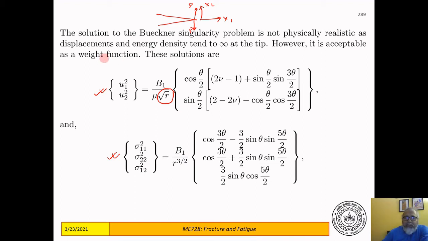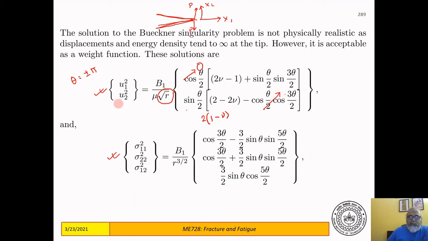Now, we are interested in the solution at theta equal to plus minus pi, which is on the upper crack face or the lower crack face. For plus pi, this is 0, and this is 2 into 1 minus nu, and this is 0 again.